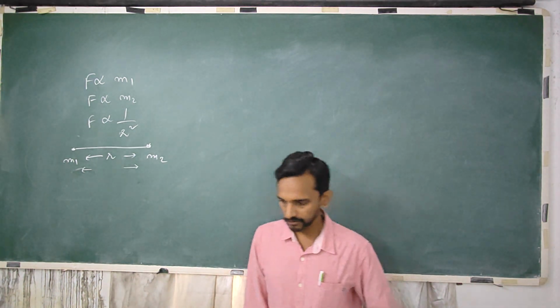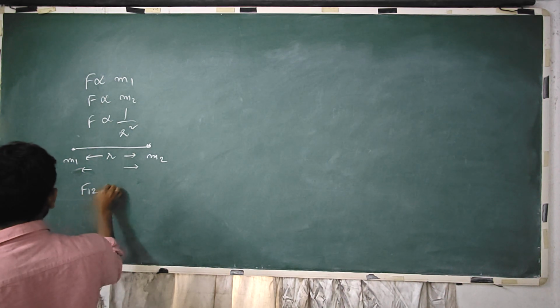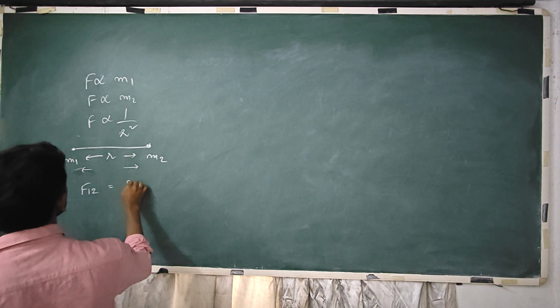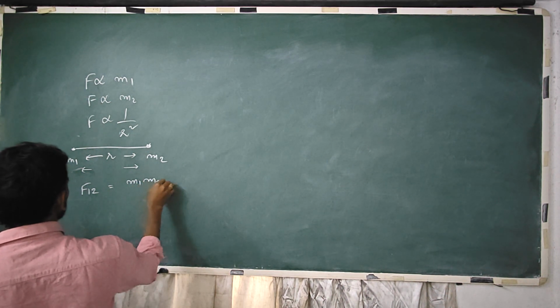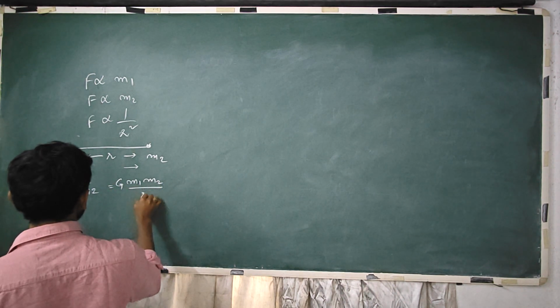So what is the direction of the force? Let's say F12 is G m1 m2 by r squared, where the proportionality constant is G.